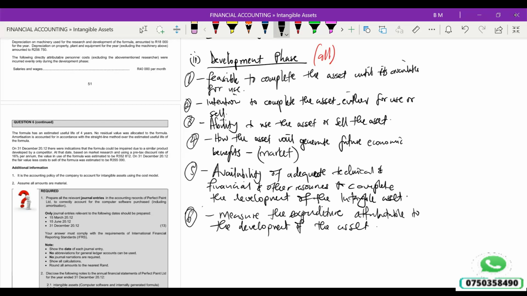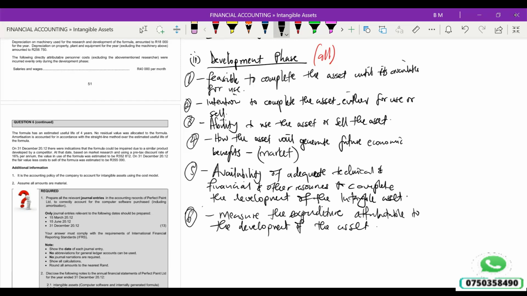Are we able to use the asset that we are generating or sell it? How does the asset generate future economic benefits? In other words, here we're talking about an existing market. If it's a formula, why are we generating the formula?